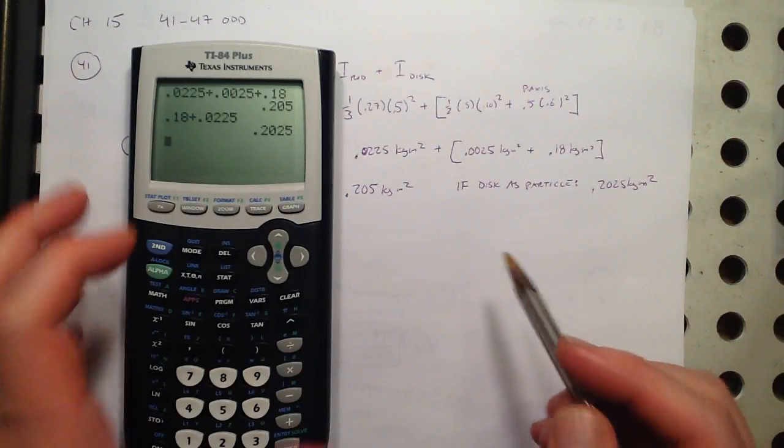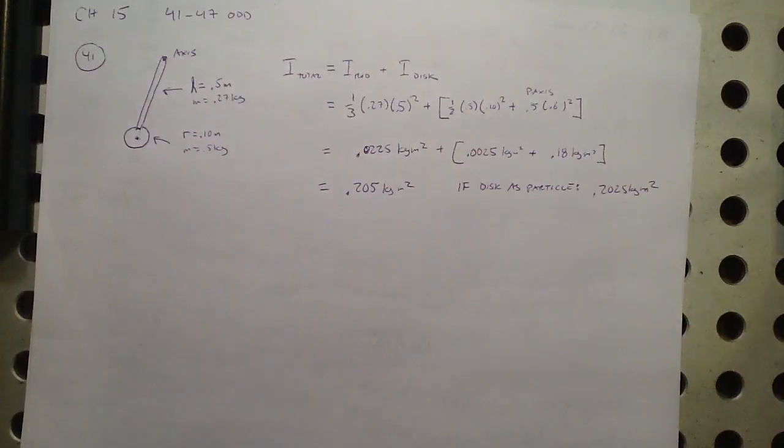And you can see what the difference is between those two. It's pretty dang small. And if you want to know as a percent, oops, I messed that up. Hold on a wee second.